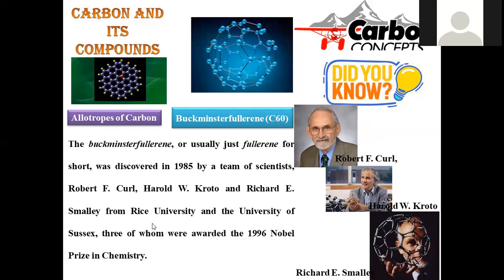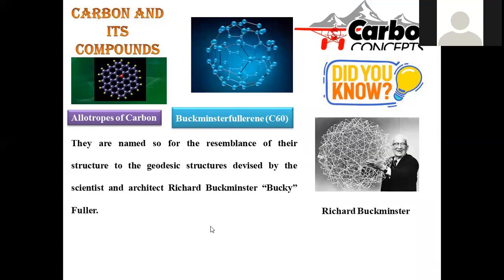These are the scientists from Rice University and the University of Sussex, who were awarded the 1996 Nobel Prize in Chemistry for introducing the compound called fullerene. These three scientists were conferred the Nobel Prize for discovering fullerene, a material with a wide range of applications.